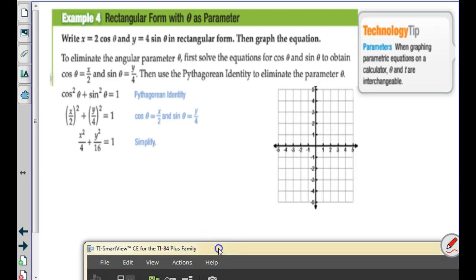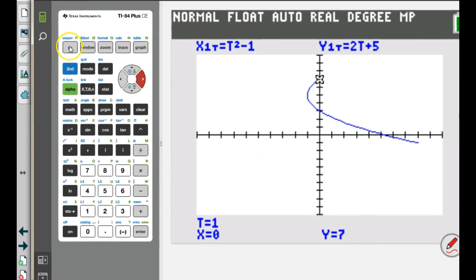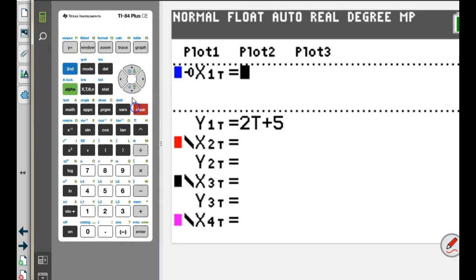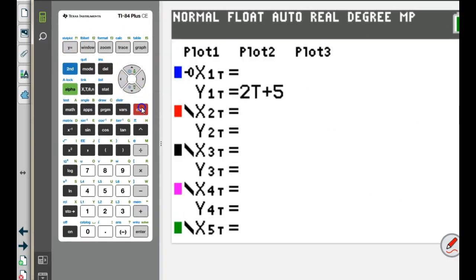If you're going to use t instead of theta, but go to y equals, what was the first one? Maybe remind me. 2 cosine, and we're going to use t, and then y equals, thank you. And you can close the parenthesis at the end or not, it'll take it either way.